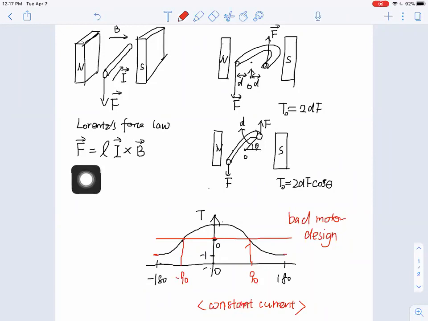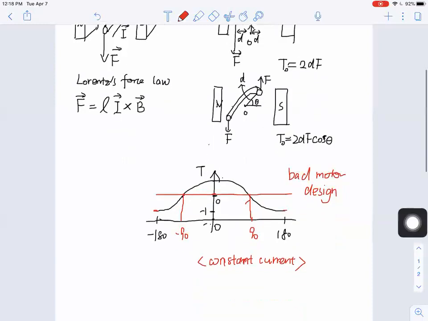So from this equation, we know if we want to increase the force, there are several things we can do. L is the length of the wire inside the magnetic field. We can increase the length of that wire, making the motor larger and bigger, right? Another thing is we can use higher current to power the motor. Or you can just use a stronger magnetic field, right? Those are 3 different ways you can change the force generated in the electric motor.